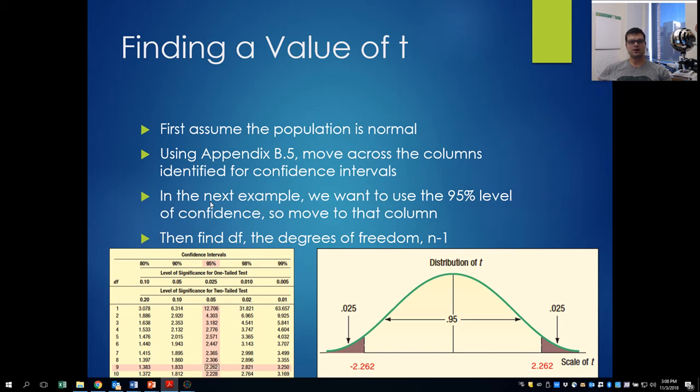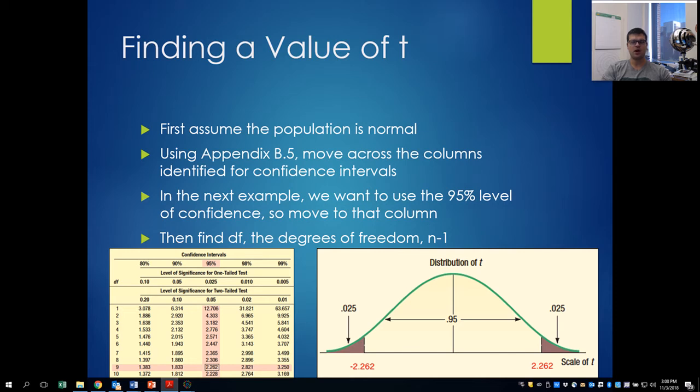In the next example, we want to use the 95% confidence level, so we move to that confidence level, and then we calculate the degrees of freedom. Remember, when we take a statistic and use it as a parameter, it's called a point estimate.